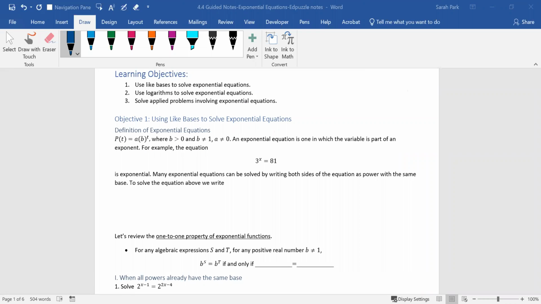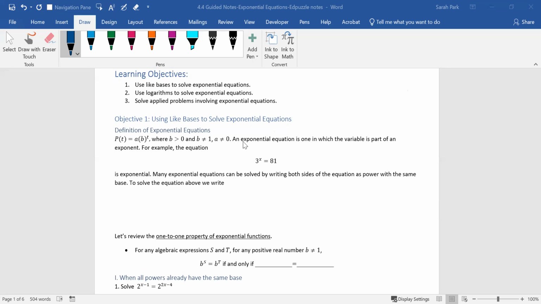Okay, so in the previous section, we had taken a look at the definition of exponential functions. In this form, you have the a with the base b to the t power, where your base had to be greater than 0, but not equal to 1, and your initial value is also not 0.